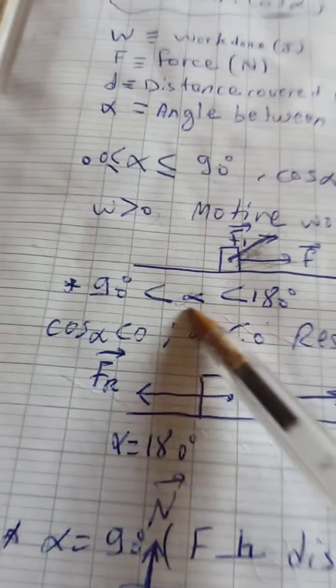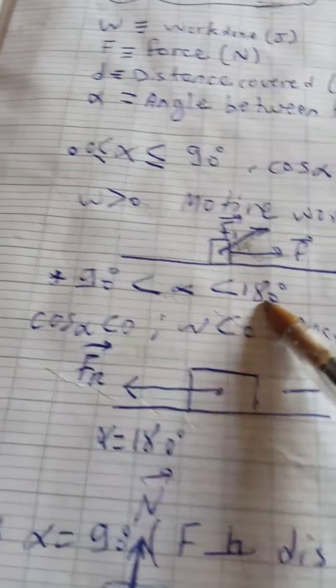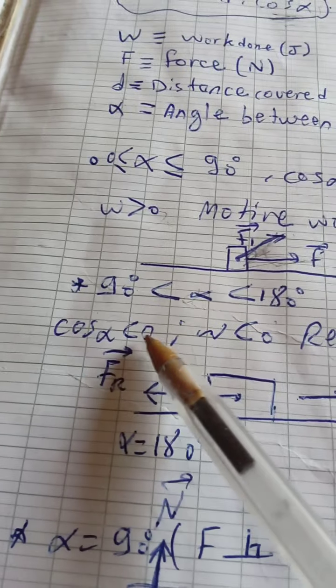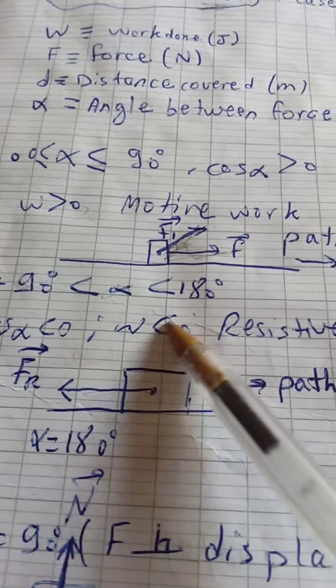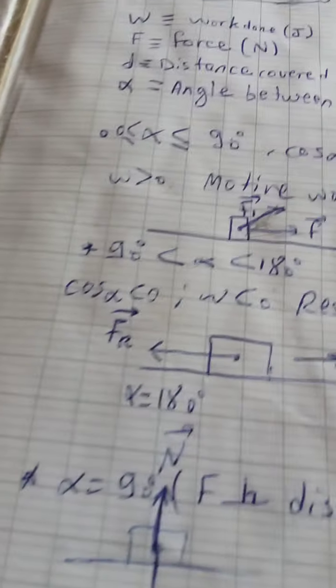If alpha is between 90 and 180, cosine alpha is less than 0 and W is less than 0, a resistive work.